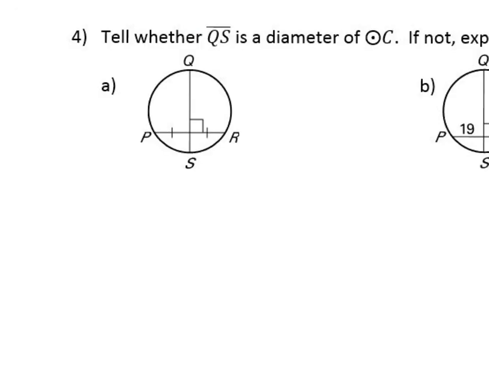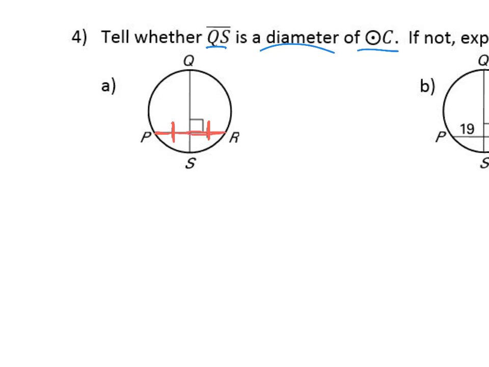So for these next couple of examples, what they want to know is if segment QS is a diameter of circle C. So they want to know, does this chord right here pass through point C, the center of my circle? Well, we have to look at everything else that's given. First thing I notice is that these two are congruent, which tells me that this chord right here is cut in half.